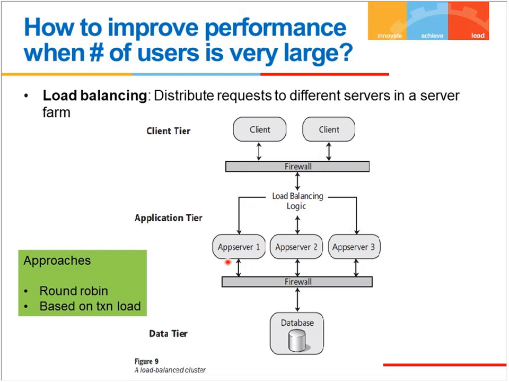There is another approach based on the transaction load. When it gets a request, before it gives it to any of these servers, it determines which server is least loaded, and then it distributes the request. This is because if you simply go by round robin, some requests may take less time and some requests may take more time for processing.